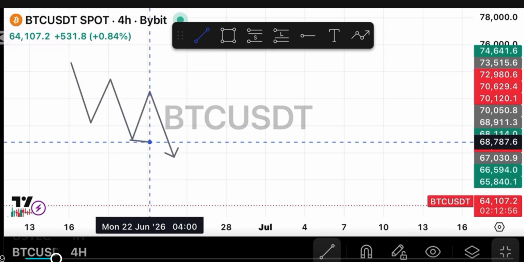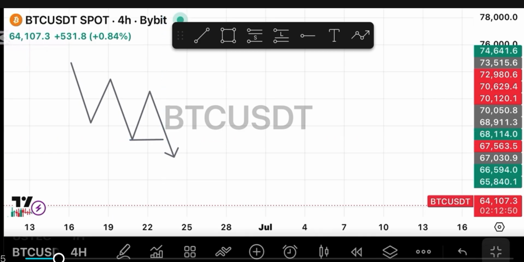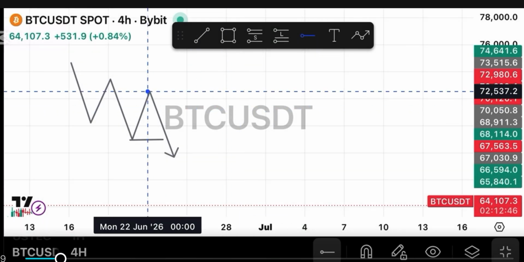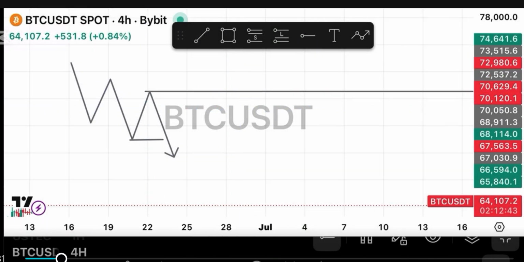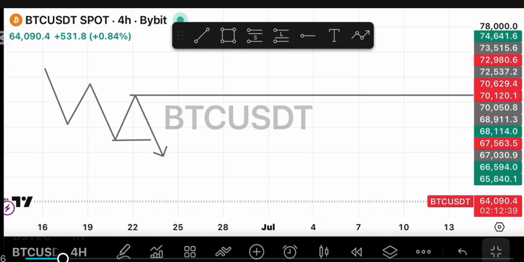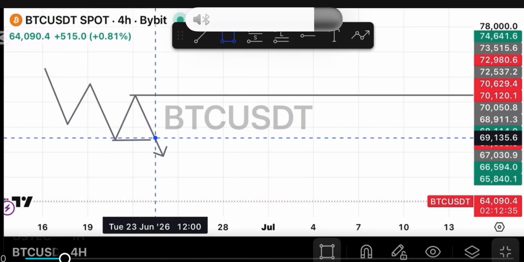Why? Because we are having our break of structure here, right? So we are having this break of structure here, and then this is our high. This is the previous high, the extreme high here. So what we need to be doing now, we have to look for what? A selling supply zone around here.